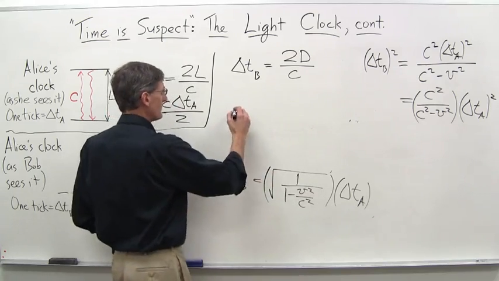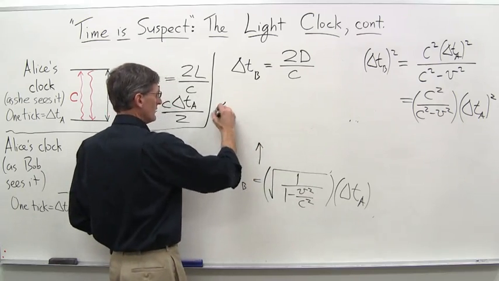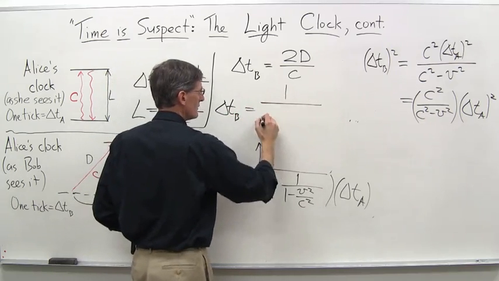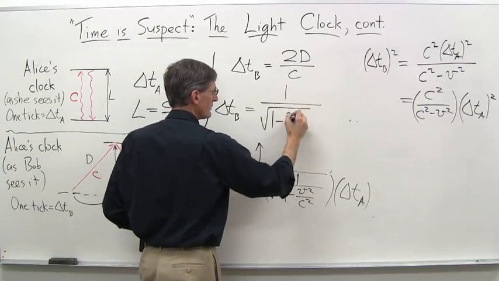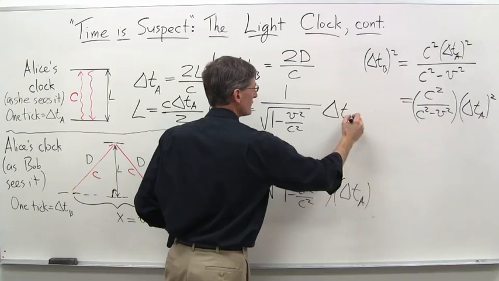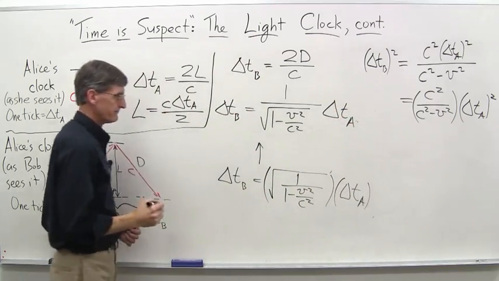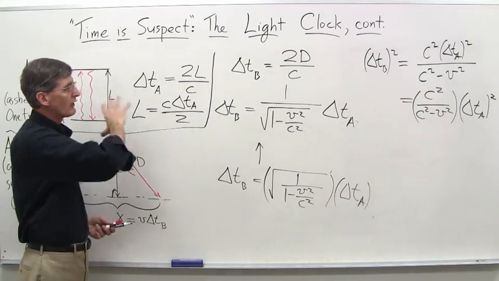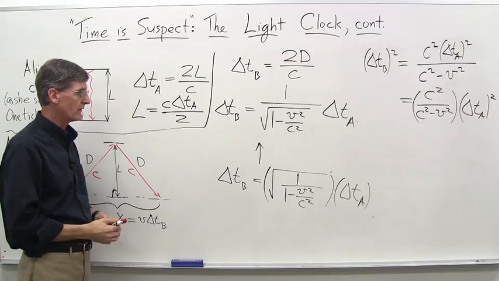So we can rewrite this as delta TB equals 1 over the square root of 1 minus v squared over c squared, times delta TA. And that is our final result for our quantitative analysis of the light clock.